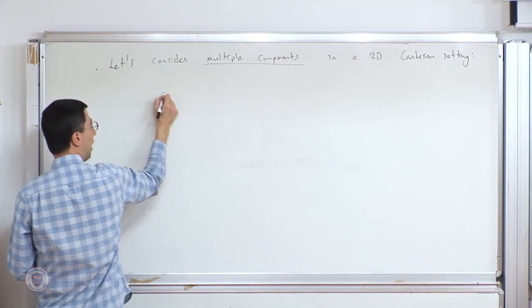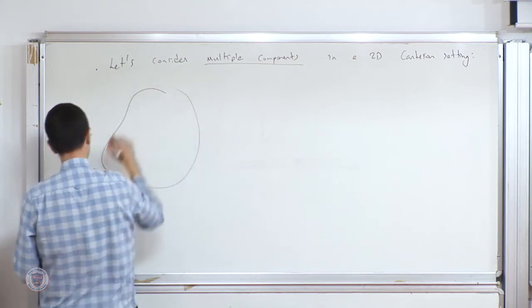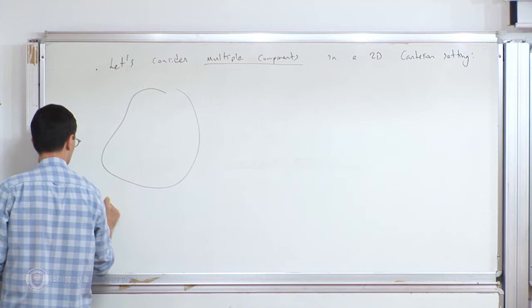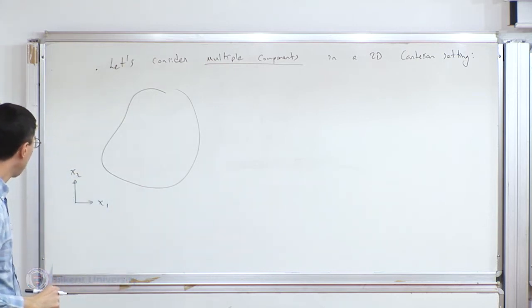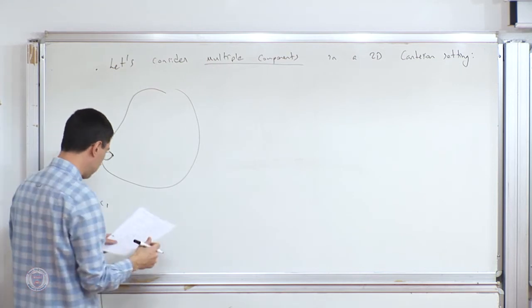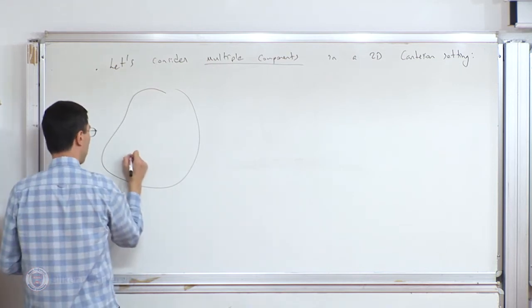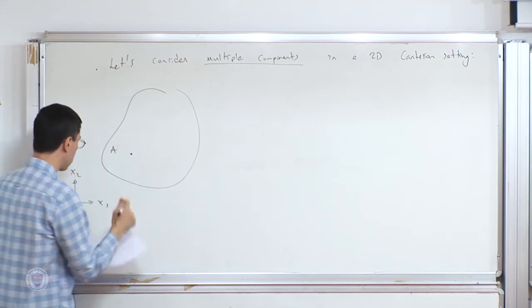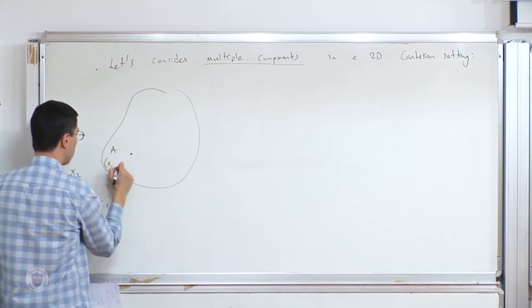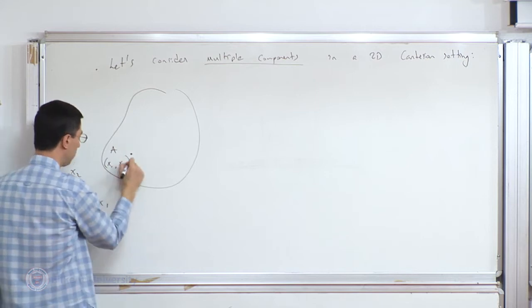So again, I will take an object, and that is my 2D plane, x1 and x2. And let's say I have my point A here. That's point A, and A has coordinates x1 and x2.